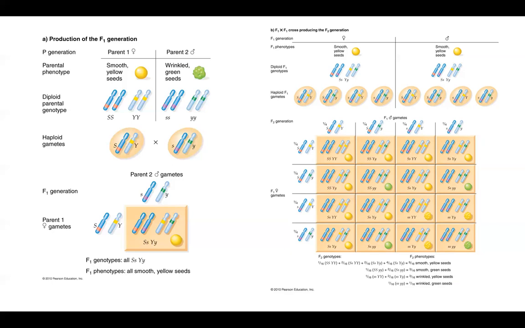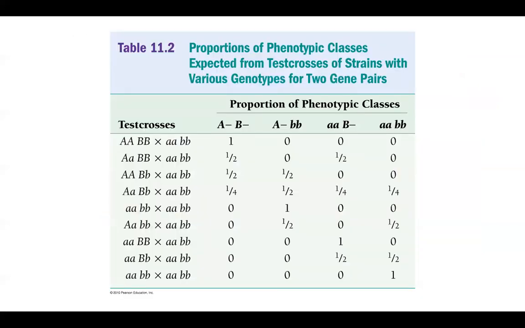Can you do it this way? Sure. But now imagine that you've got 3 traits instead of just 2. You can imagine the expansion that would happen there. So again, we can think about these different crosses. This just gives you a summary of the different crosses you could do and different phenotypic classes.